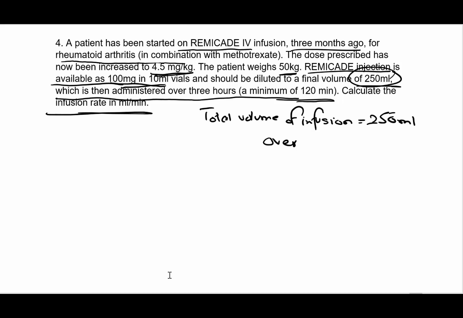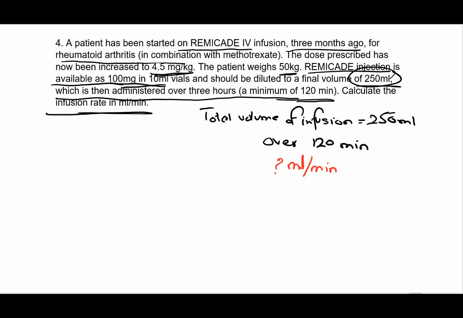We have been given the total volume of the infusion, which is 250, and the time over which we have to infuse it, 120 minutes. We have to find out the infusion rate in mils per minute.